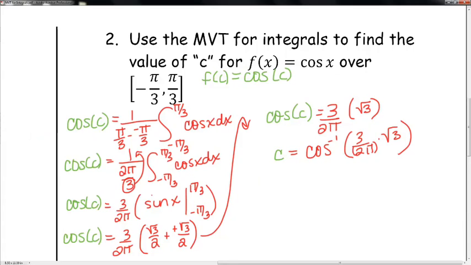You'll have your arc cosine parenthesis, and then do 3 divided by 2 pi. Make sure your 2 pi is in parentheses, and then you'll have parentheses around your 3 root 3, of course. When you do your square root, if you punch it in correctly, you should get c is equal to 0.97 or 0.597, and we're done.